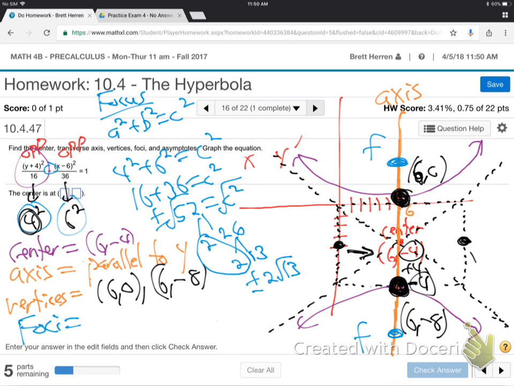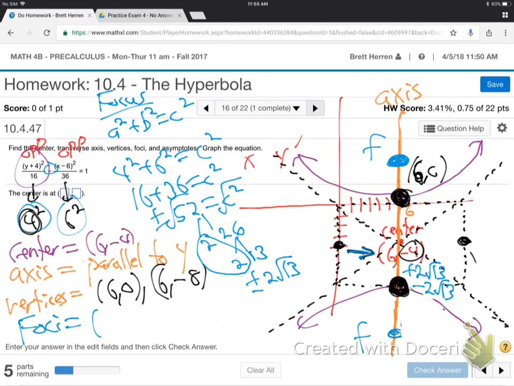So to find the actual coordinates of, say, that focus point right there, what am I going to do? I got to start with the center again, don't I? I got to start with the center, which is 6, -4 right here, and I got to add 2 root 13 and subtract 2 root 13 to the y coordinate because I'm going up, down, not the x coordinate. You all tracking with me? See how I'm doing that?